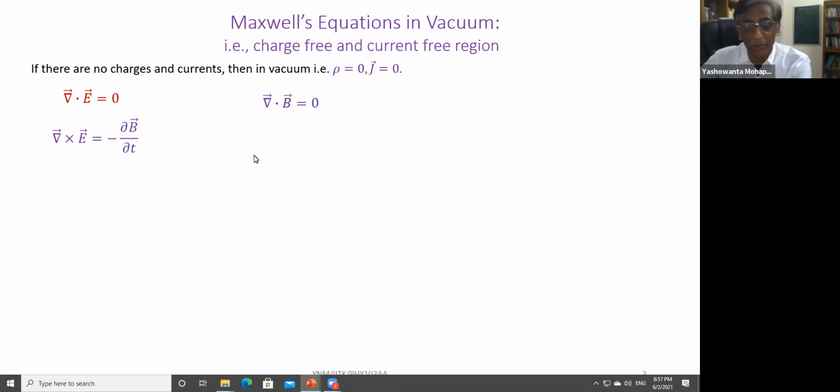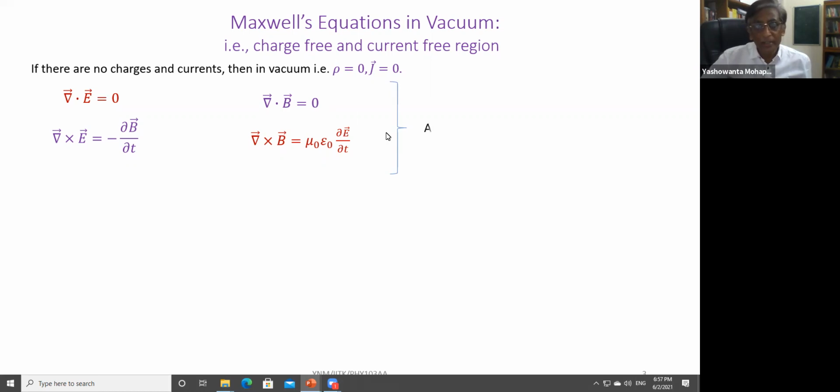Divergence of B is 0. And in Maxwell's Ampere law, the J term, mu naught J, is missing, because that has been set to 0. Now, this is for free space. This is the set of Maxwell's equations. That's what I meant by free space or vacuum.